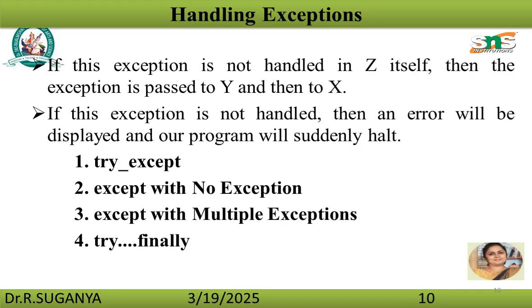If this exception is not handled in z itself, then it is passed to y and then to x. If it is not handled, then an error will be displayed and our program will suddenly halt. So we can use try except, except with no exception, except with multiple exceptions, and try finally.